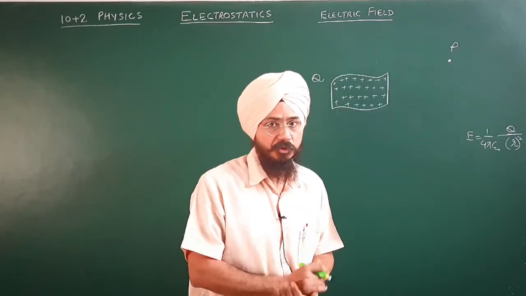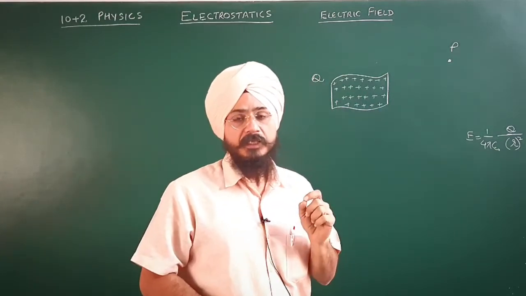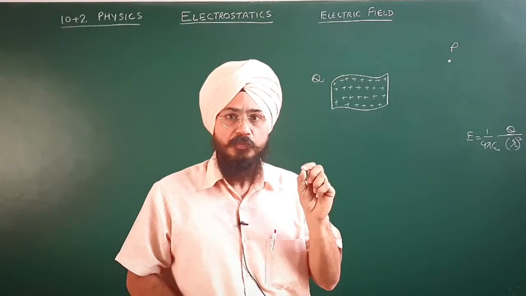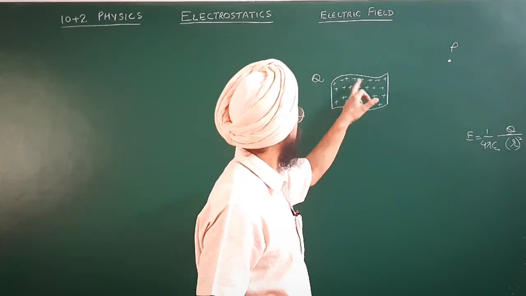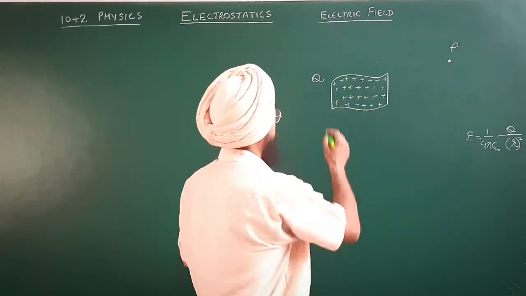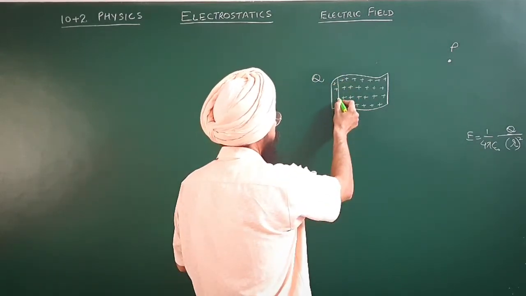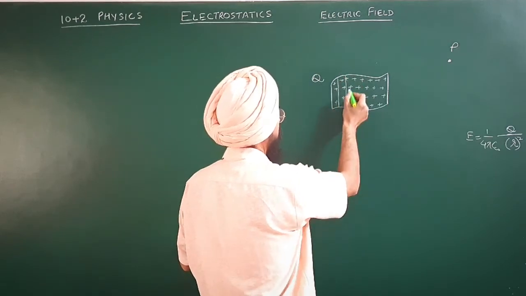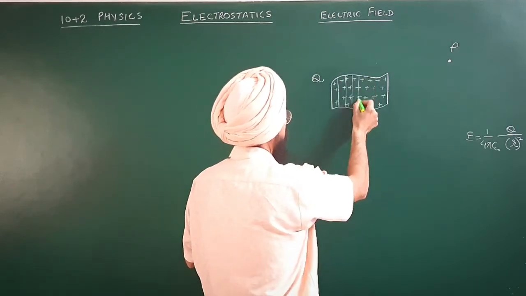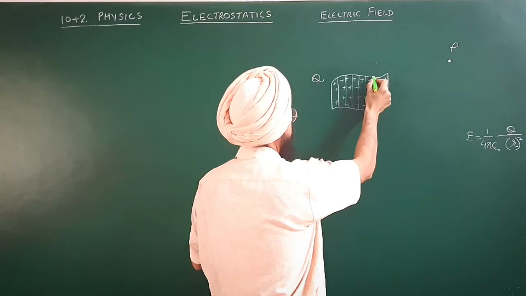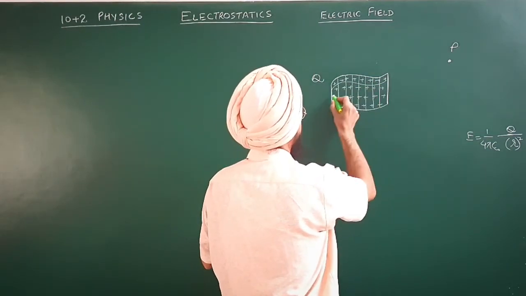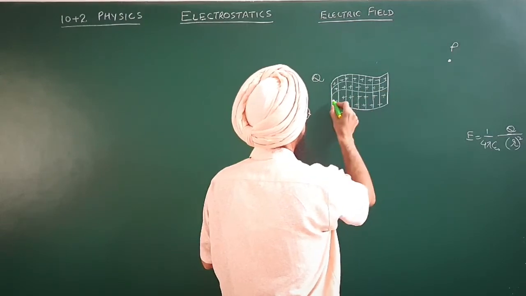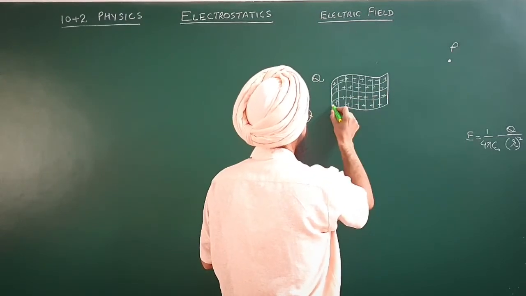So what we are going to do is select a small piece on this sheet. Suppose that this sheet is divided into so many small portions.